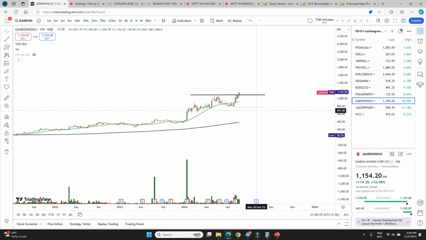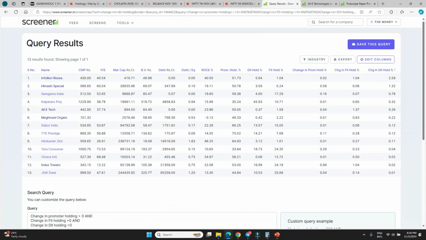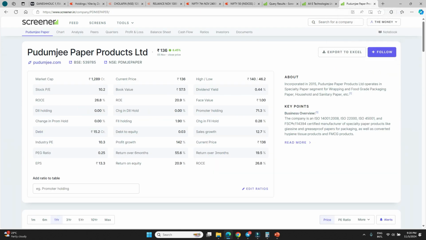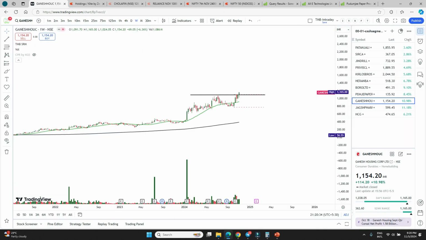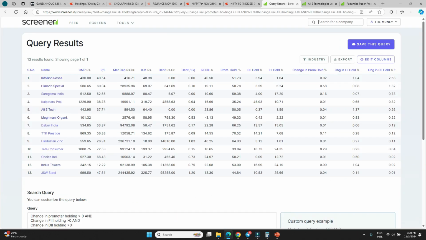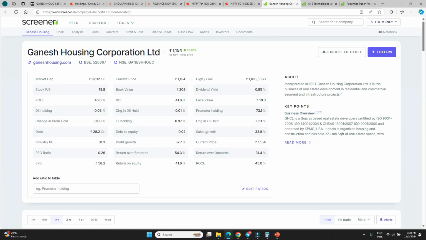Once I get the breakout stock, now I need to check the remaining values. For that, I take this stock to the Screener website.